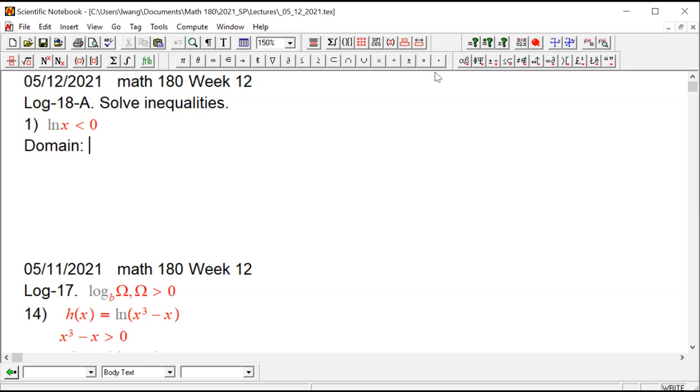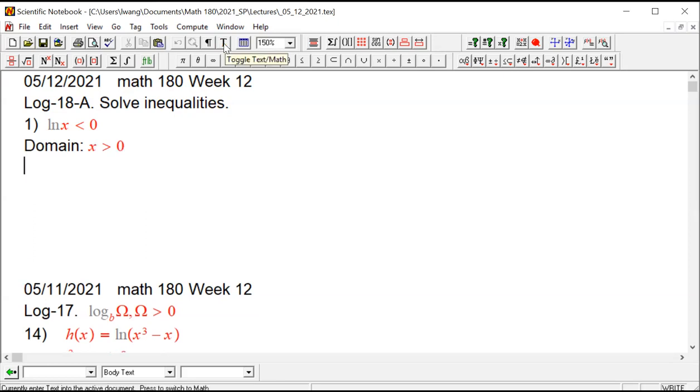Let me look at the chat. x is larger than 0. Excellent, that's right. The domain for ln x is x greater than 0. I like the fact that you guys start using the inequality. Very good.